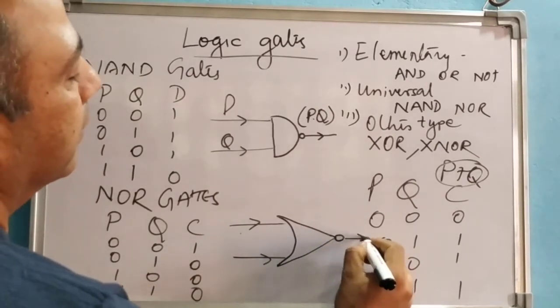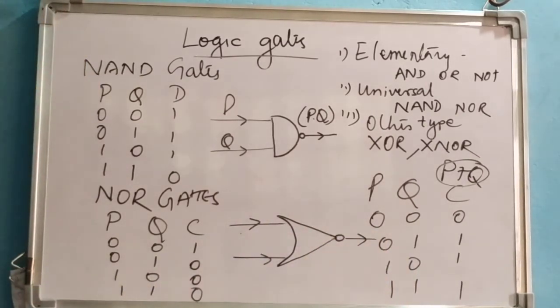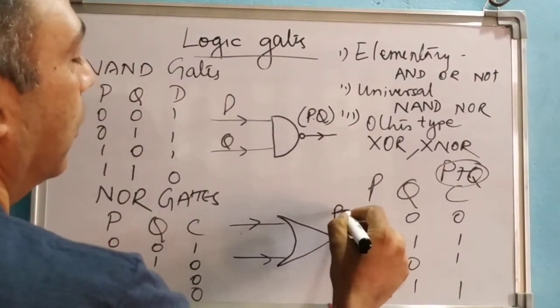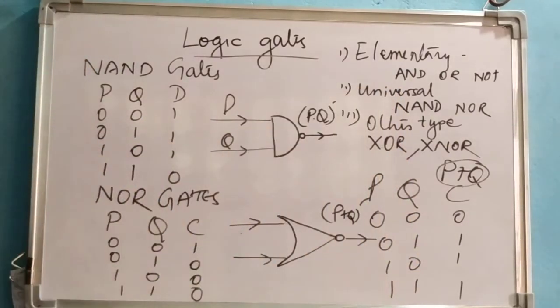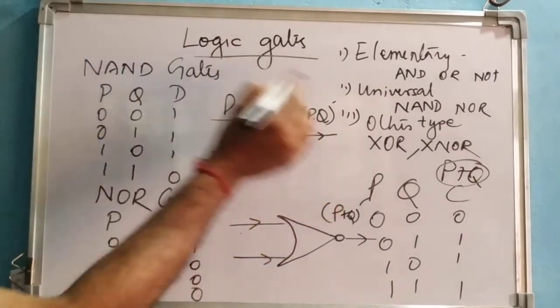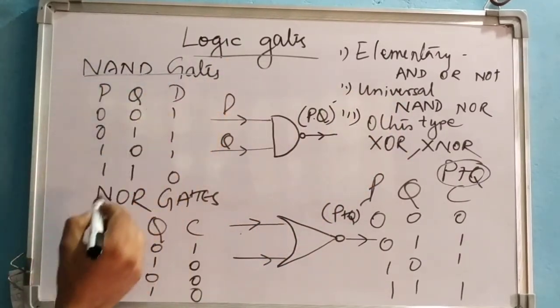After this, you can give the arrow, and this becomes P NOR Q. That's the reverse of OR, it inverts the signal of the OR gate. So these are the 2 universal gates, that is NAND and NOR gate.